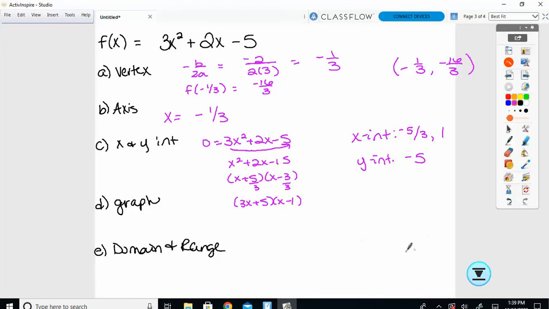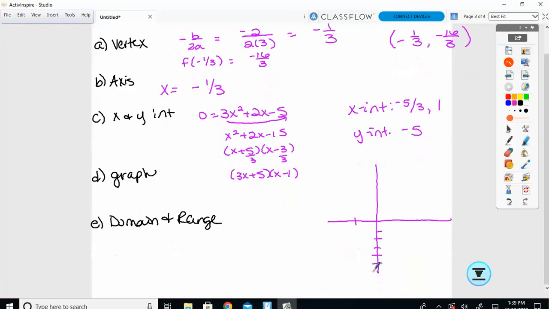And then we should graph it. I expect a minimum of 3 exact points on your graph. Obviously one of those has to be your vertex, which this one's not beautiful, but we had negative 1/3, negative 16/3. Then my y-intercept was negative 5.